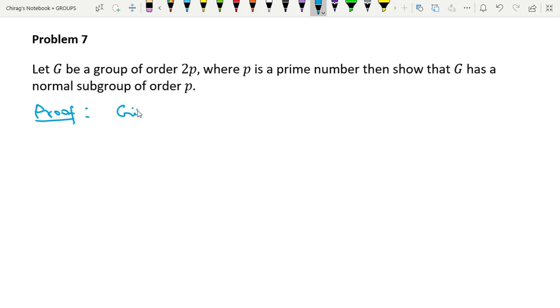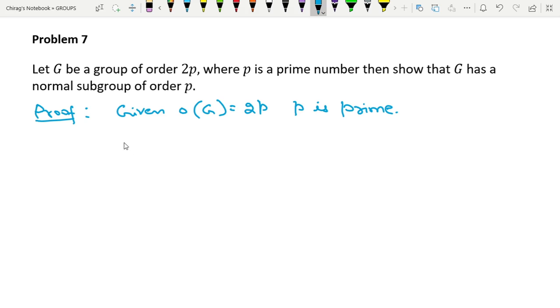Given order of G is equal to 2p, where p is prime. Now 2p is composite order, therefore G has a proper subgroup if it exists.